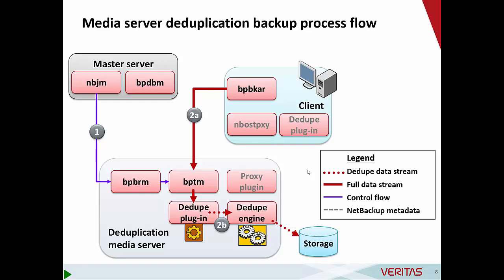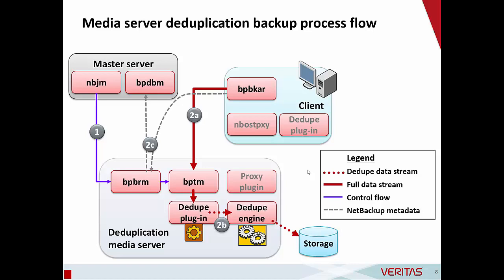So the dedupe plugin segments the data, fingerprints the data, compares the information with the information that it's getting from the dedupe engine about what's unique and what's not. Unique stuff only gets forwarded to the dedupe engine. Unique stuff only gets written to storage.